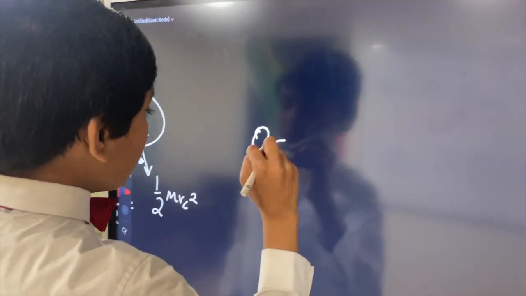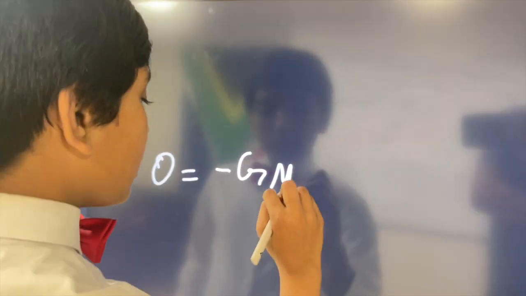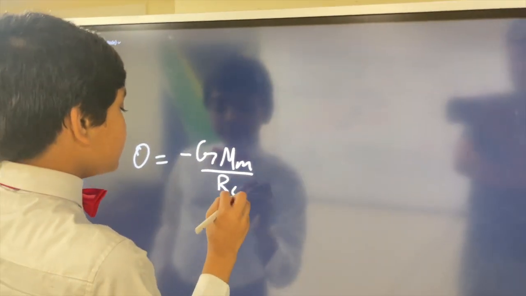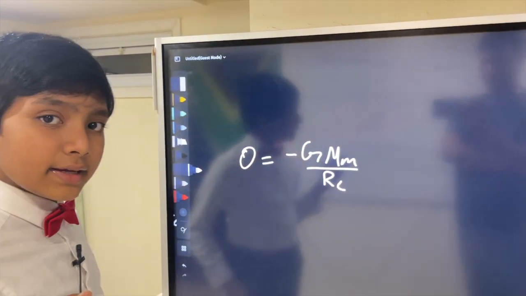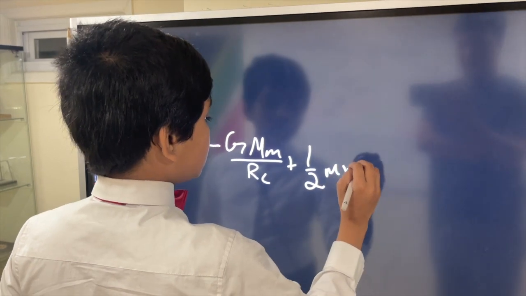So we have 0 equals UC, which is going to be mgh, or I'm bugging out, that's near Earth, but far from Earth, it's minus G big M little m over RC. And with that, K would just be half m VC squared.